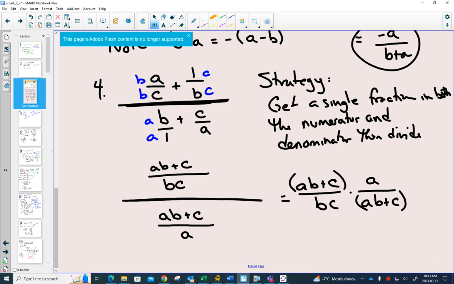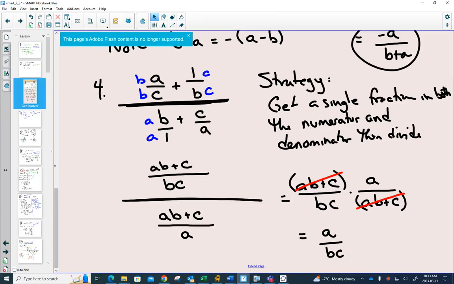At this moment, we could multiply the tops and multiply the bottoms, but if you are multiplying and factors are identical, which they are, this will simplify with this. And this whole thing simplifies to A over BC.